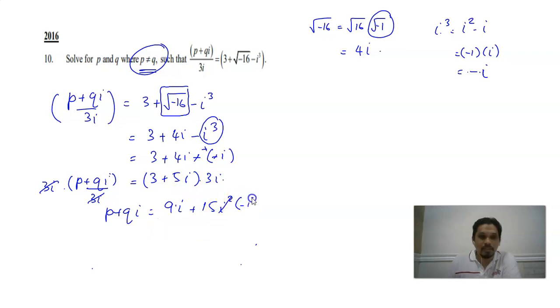And i squared is negative 1. So negative 1 times 15, negative 15 plus 9i. So we compare with this one here, P plus Qi. For the real part, P equal to negative 15, and Q, the imaginary part, Q equal to 9.